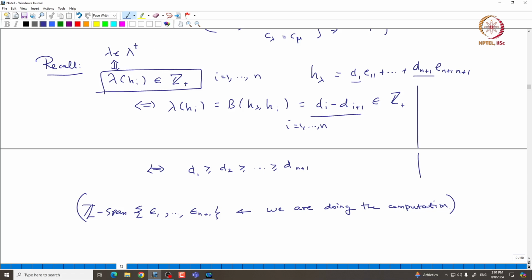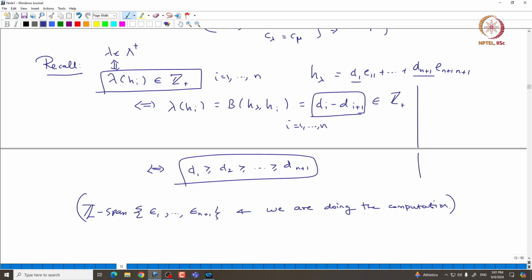But the only thing that we have actually encoded is that the difference di minus di plus 1 is always a non-negative integer. So, we are not saying anything about the di's being integers.